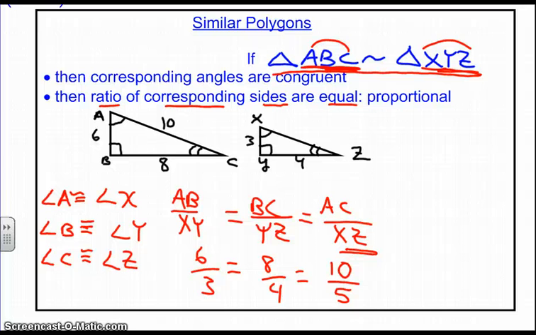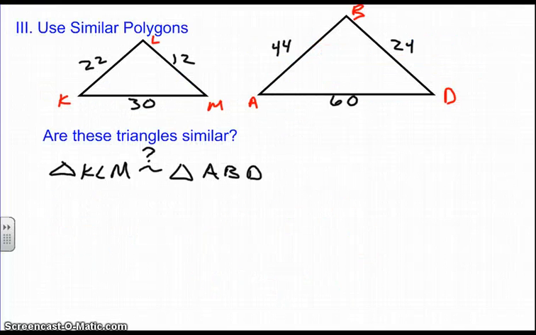Okay? So we are able to find unknown sides by using our proportions and solving them, and that's what we're about to do. Okay? So let's try that here. You're going to have to pause, take down the information, and prove, are these triangles similar? In order to prove that they're similar, you must show the math.